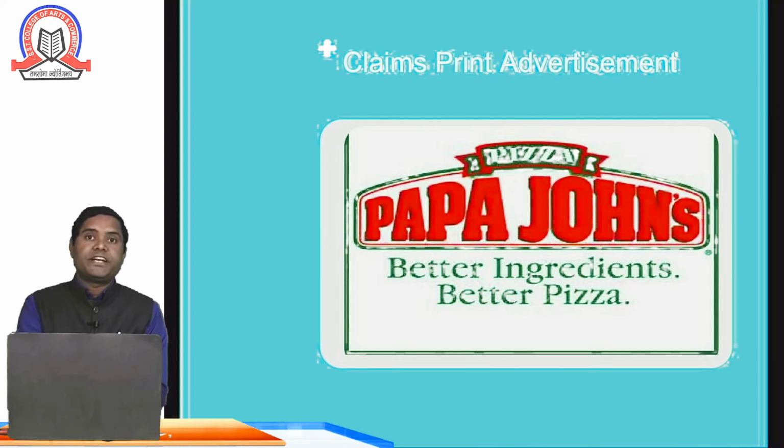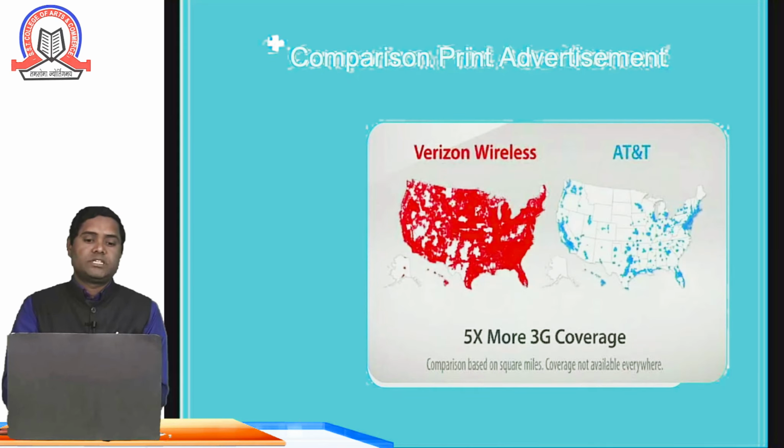Then claims print advertisement, this is the example of it. In this advertisement you can see that the product is claiming something. Some claim is given there and the customer reads that particular claim and gets attracted towards that particular product. Then comparison print advertisement, two similar products are compared in this type of advertisement, which you can see on the screen.